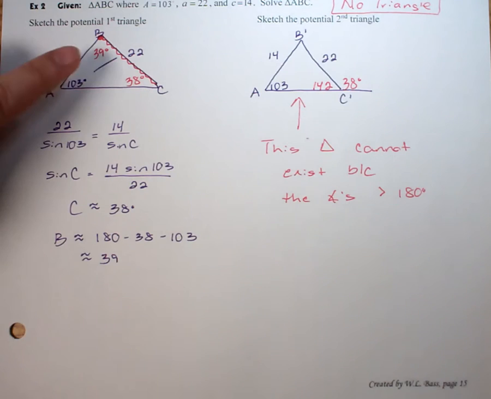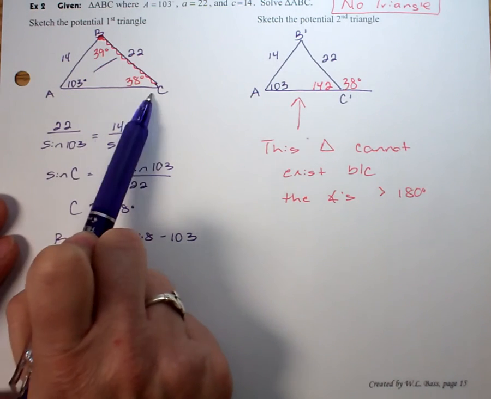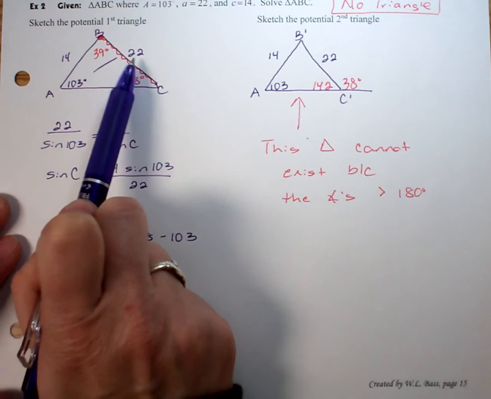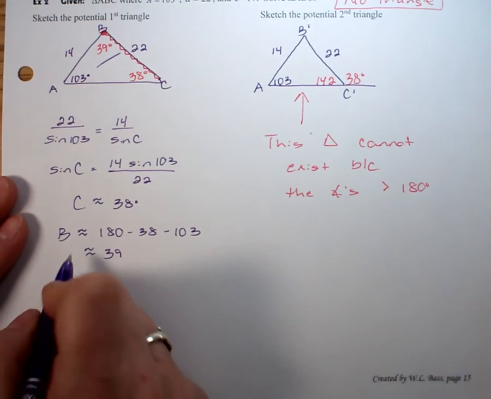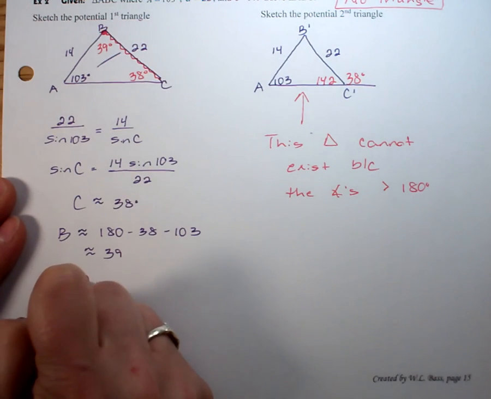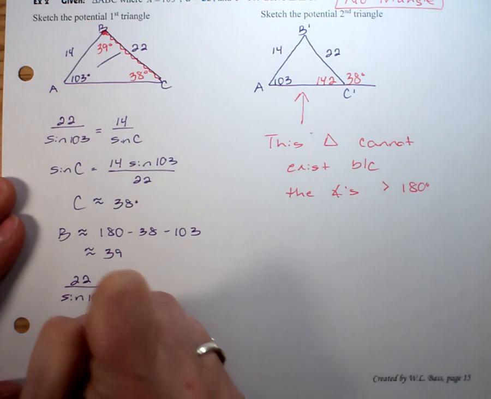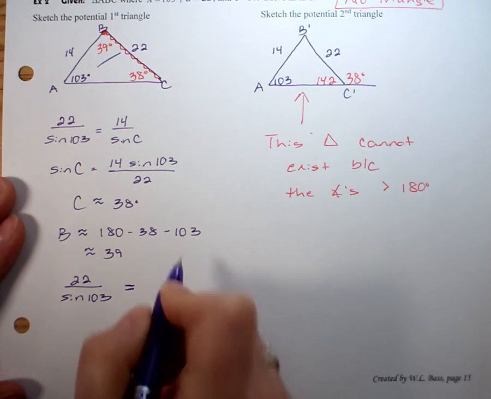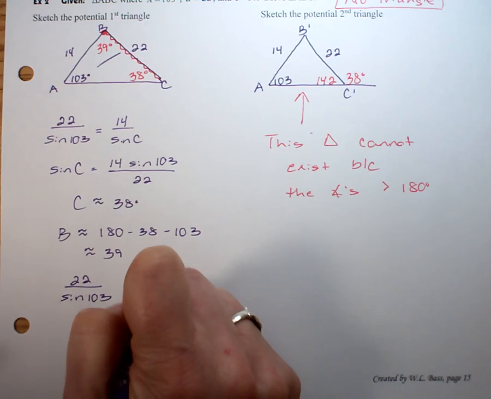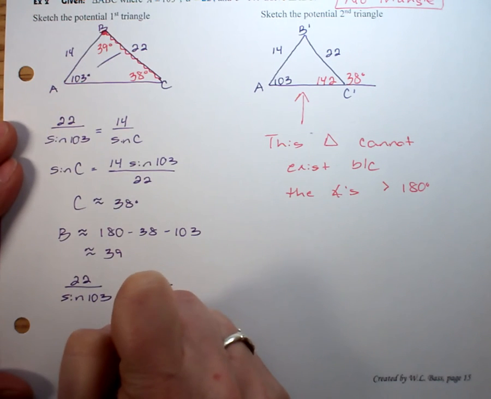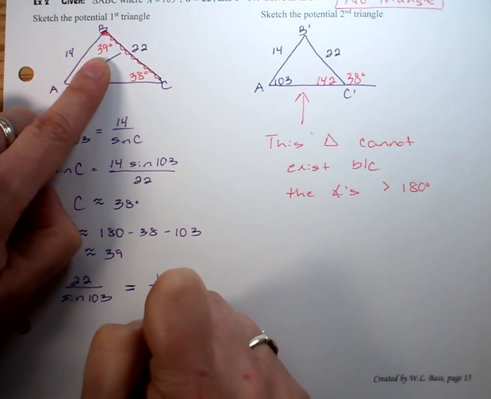When I come back to this triangle, I do still have one more piece to find. I need to find this segment right here. I'm going to use the original link of 22 over sine 103, which should look like the first day's homework, equals side B over the sine of my 39.